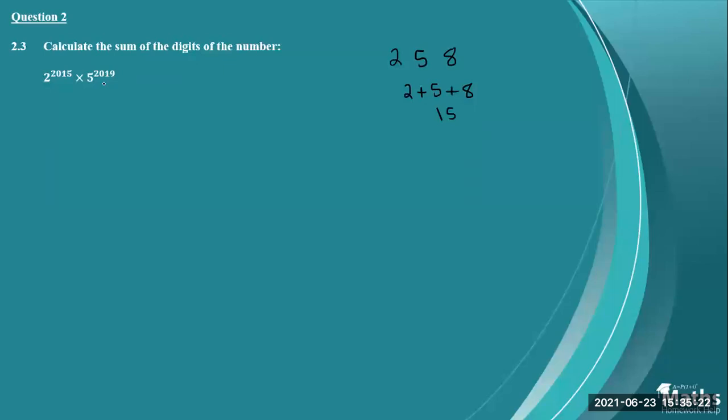So what must you do with this? You must break it up. So what we normally do when we break it up, you break it up working with the smallest exponent. And the smallest exponent here will be 2 to the power of 2015.